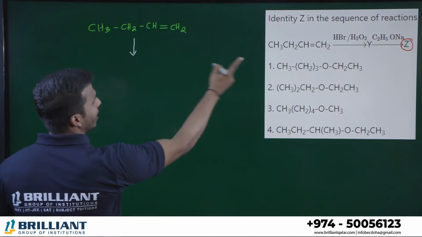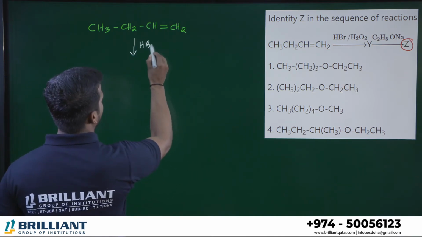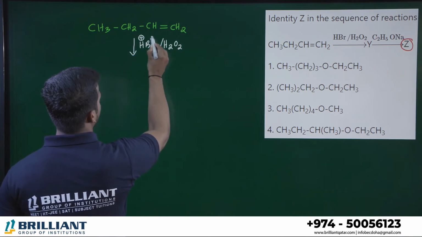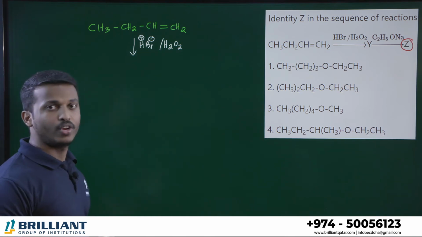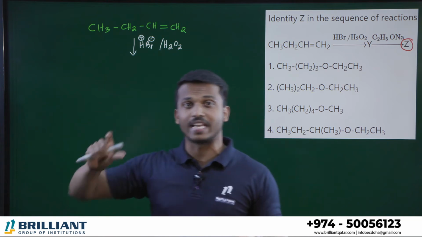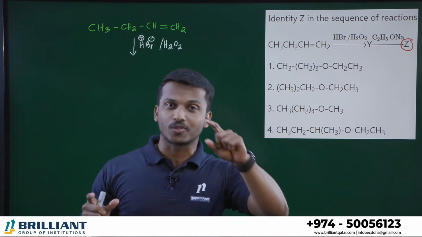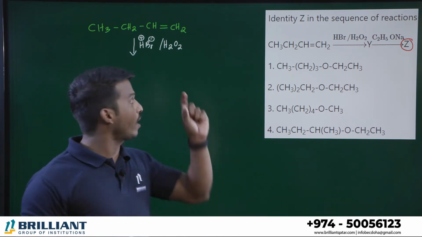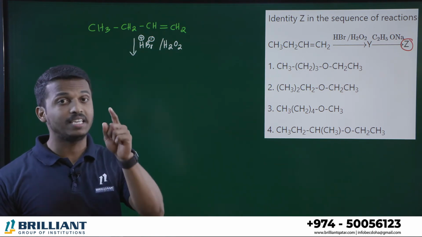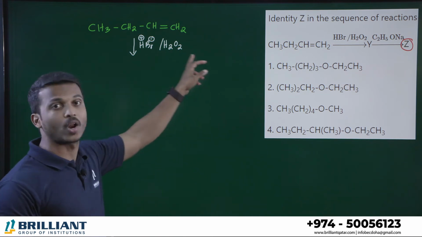But-1-ene is first treated with HBr in presence of hydrogen peroxide. HBr contains H plus and Br minus. When the adding species is HBr, containing positive and negative parts, and you are adding it to an unsymmetrical alkene, we have to follow anti-Markovnikov's rule because there is a peroxide.